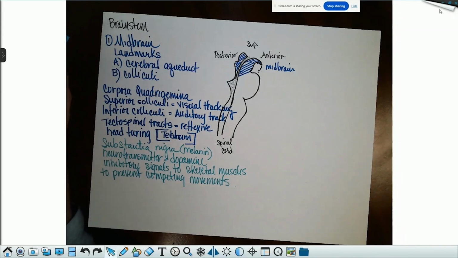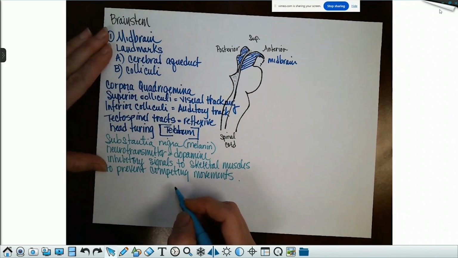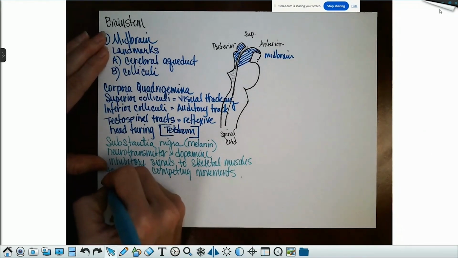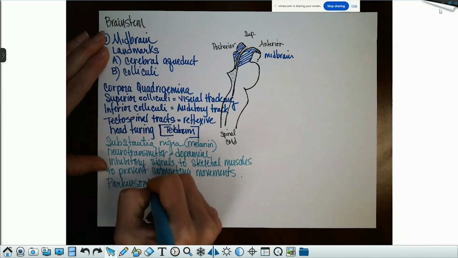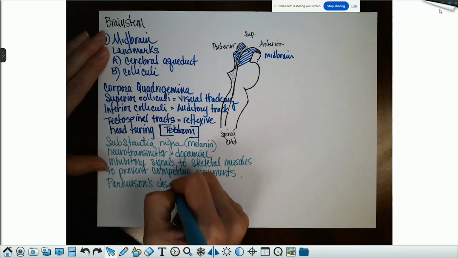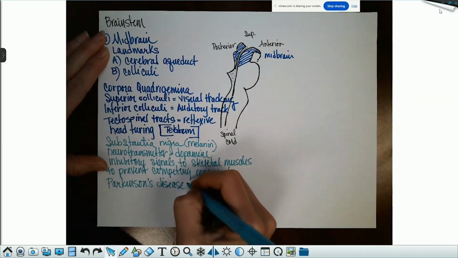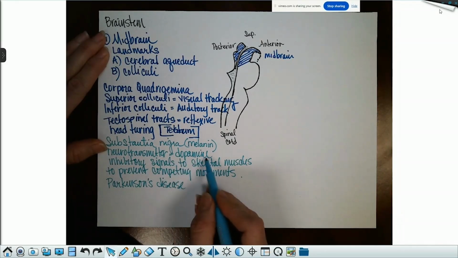That doesn't work, and so they're not able to move properly. And you see that tremor, the shaking that happens in those patients. One of the medications that they're given is L-DOPA. That is the left chiral position of the dopamine molecule, and it's a pretty high dose.